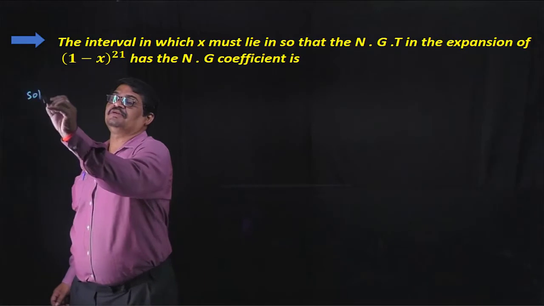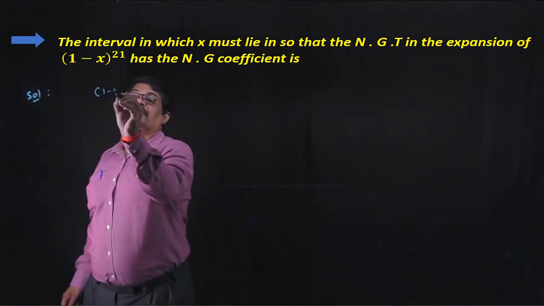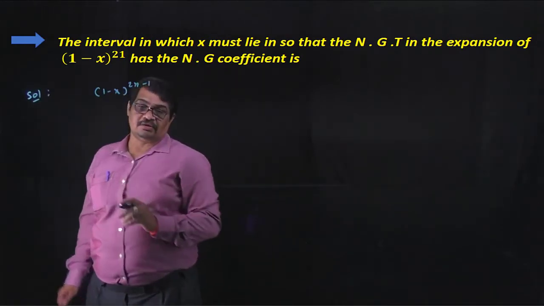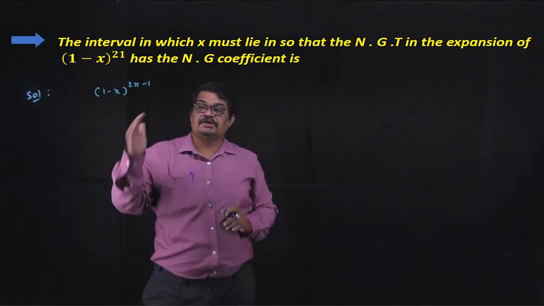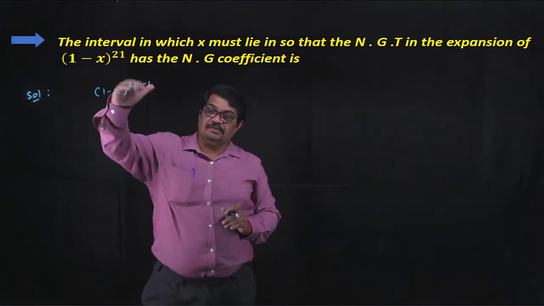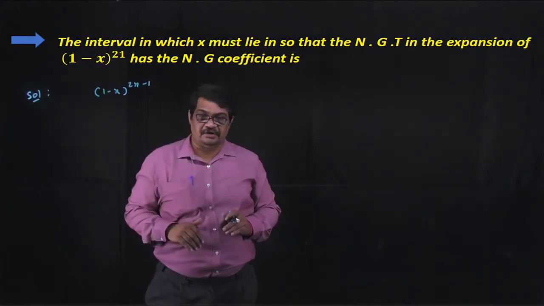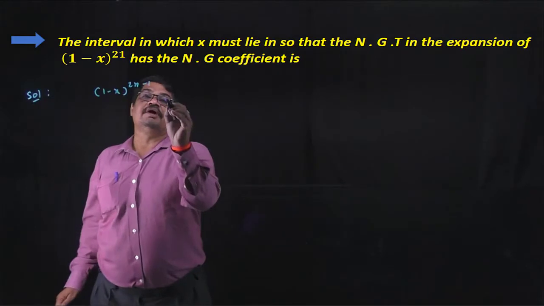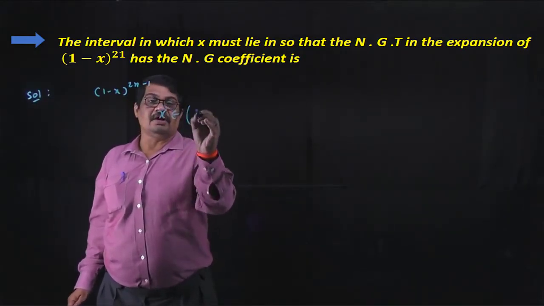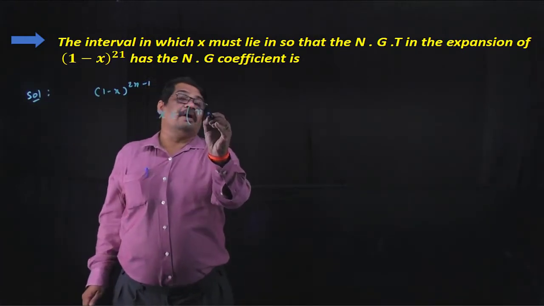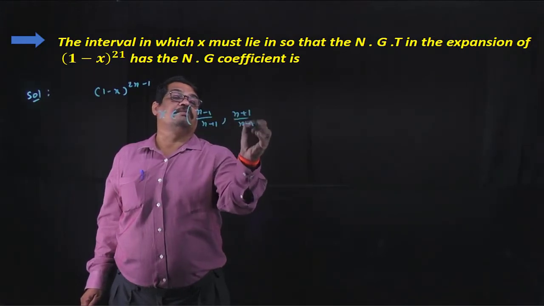See the solution. In the expansion of (1 - x)^(2n-1), if the numerically greatest term has the numerically greatest coefficient, then x belongs to the interval ((n-1)/(n+1), (n+1)/(n-1)).